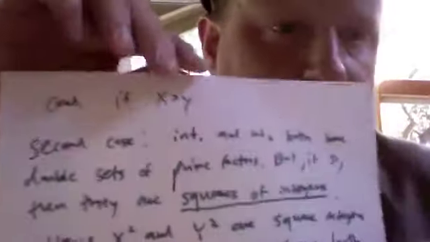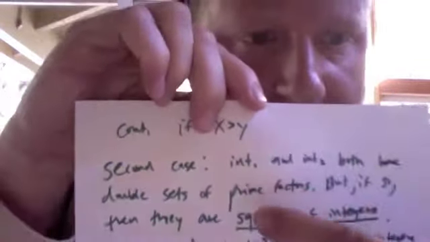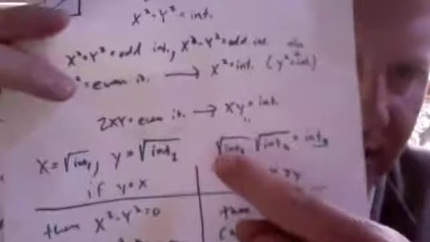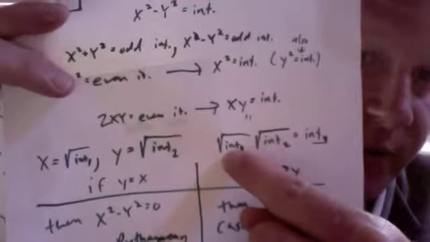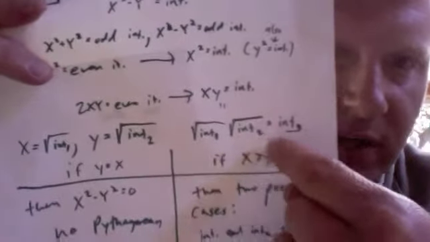Now, what will work? Okay, second case. Integer 1 and integer 2 both have double sets of prime factors. In other words, this has matching prime factors, let's say it's 3, 3, 5, 5. And this has matching prime factors, let's say it's 7, 7, 11, 11.